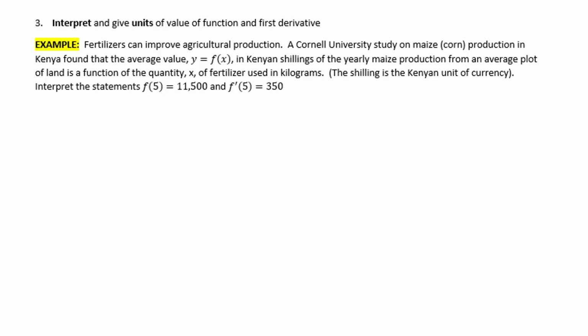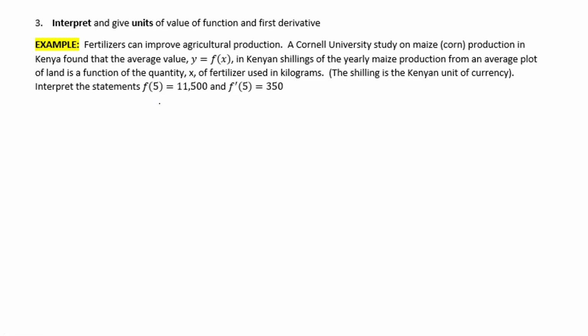So x is the fertilizer used in kilograms, and then interpret the difference between these two statements. So what this is trying to get you to understand is the difference between the value of a function and the derivative.